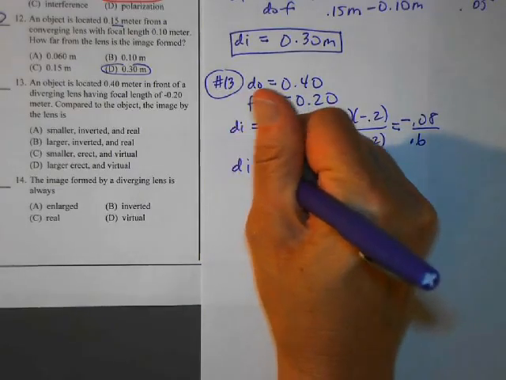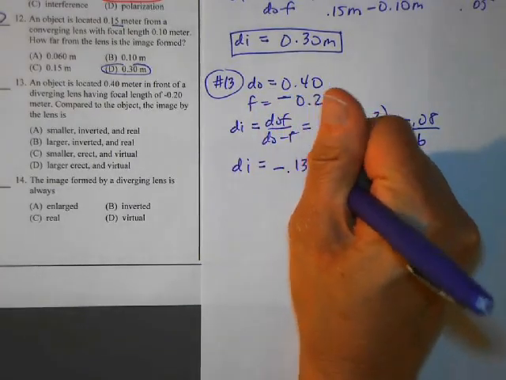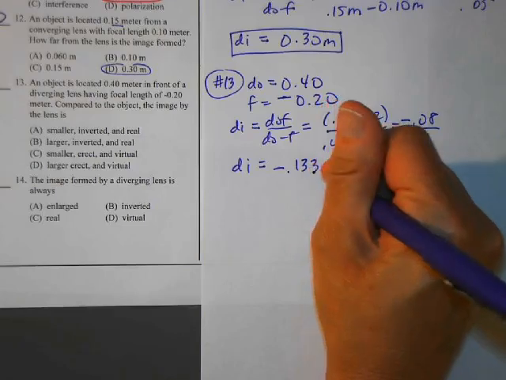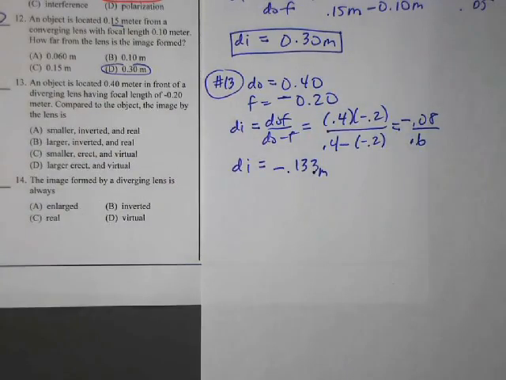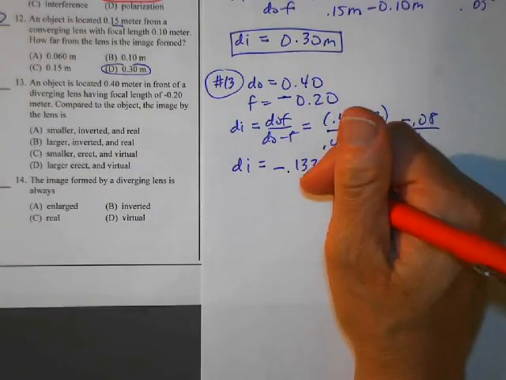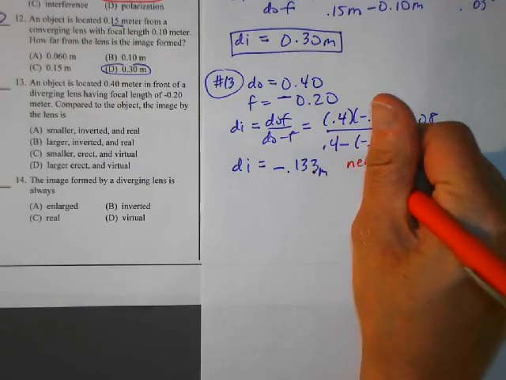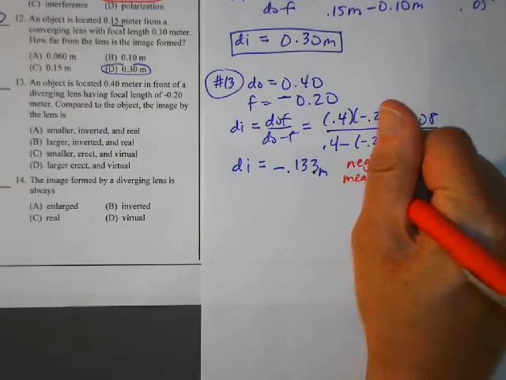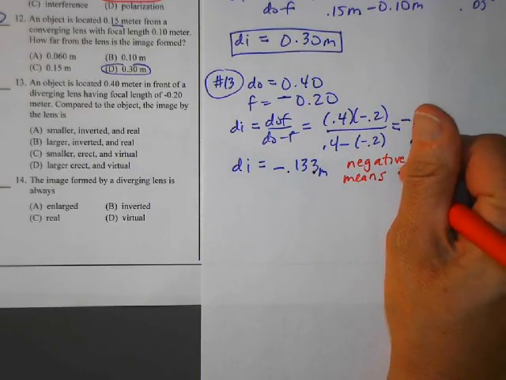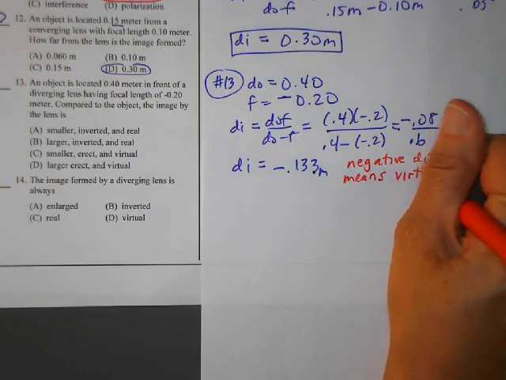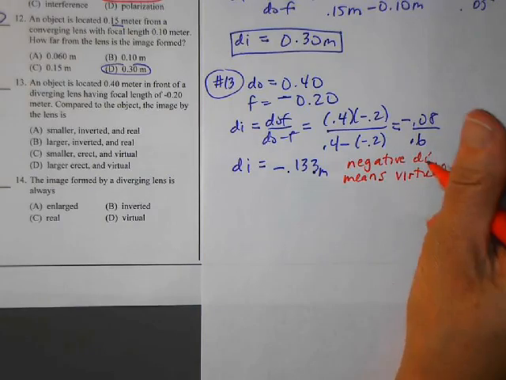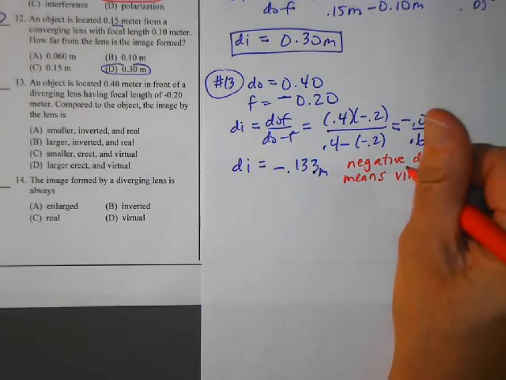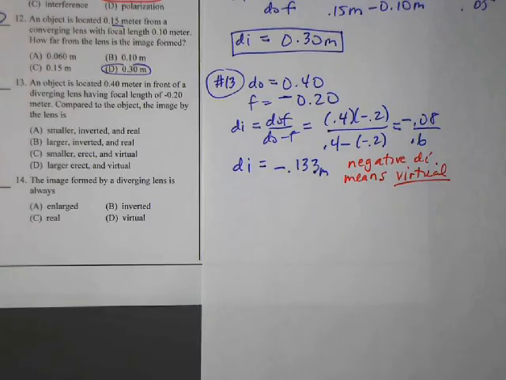So DI comes out to be negative 1.33 meters. So what does that mean? So the negative DI means that it's virtual. If the DI was positive, that means it would be real. So that's how we know from the math.